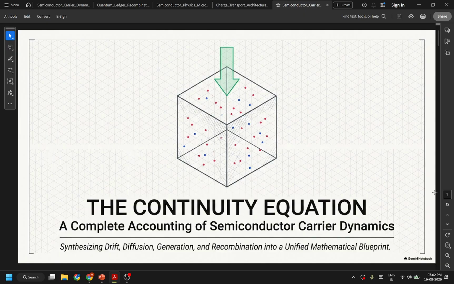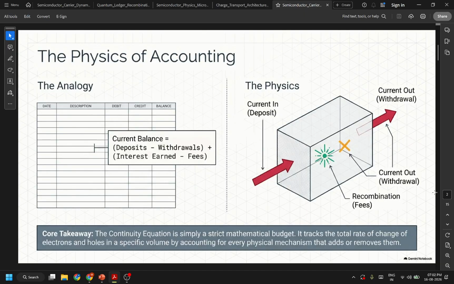So now we come to the continuity equation, which is a complete accounting of semiconductor carrier dynamics, synthesizing drift, diffusion, generation, and recombination into a unified mathematical blueprint. We can create an analogy between physics and accounting. In accounting, the current balance is deposits minus withdrawals plus interest earned minus fees.